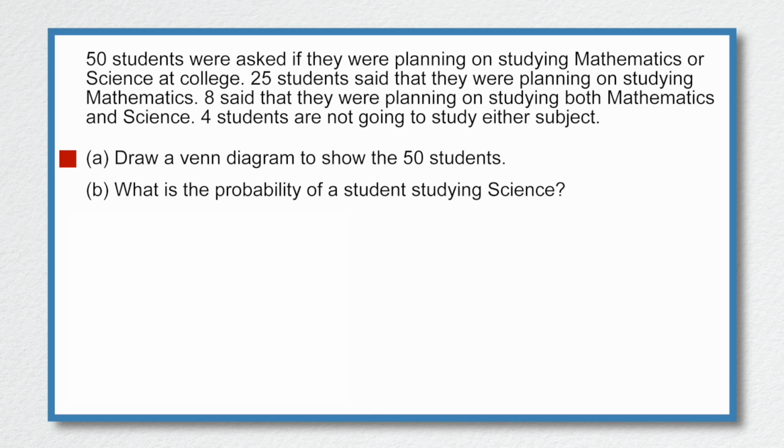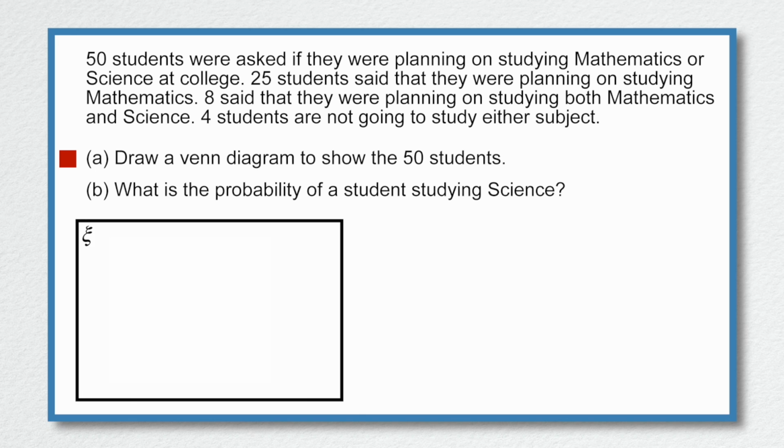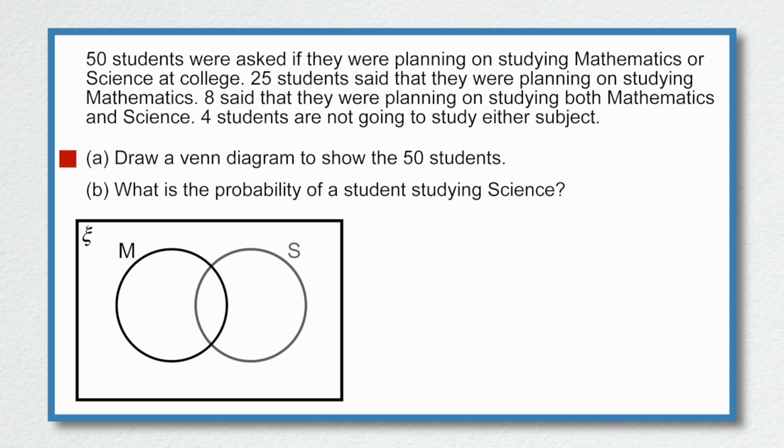For Part A, let's draw the Venn diagram. So here's our universal set. Here is the math set. And here is the science set. Notice that they overlap because some students are planning on studying both subjects.